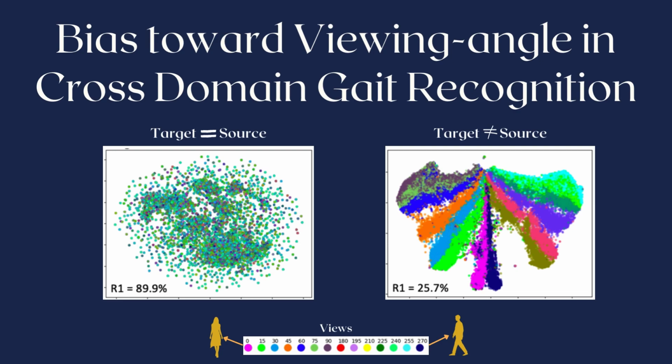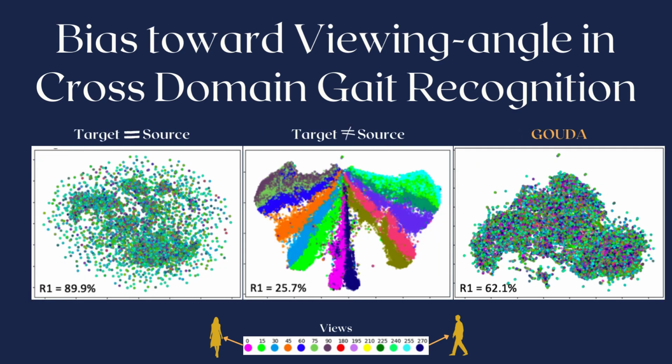In the target domain, nearby points are likely to be from similar views and not necessarily the same identity. The view bias causes a significant drop in rank 1 accuracy. We show that GOUDA is capable of disentangling the view bias, modifying the embedding space in the target domain to improve the recognition accuracy.